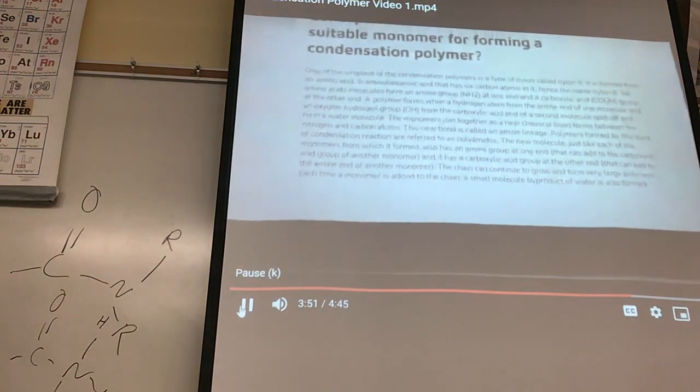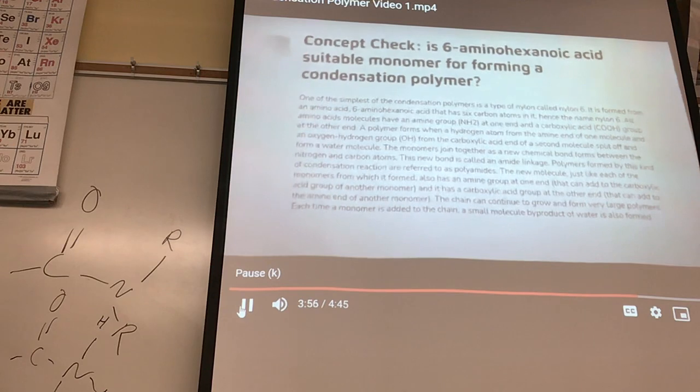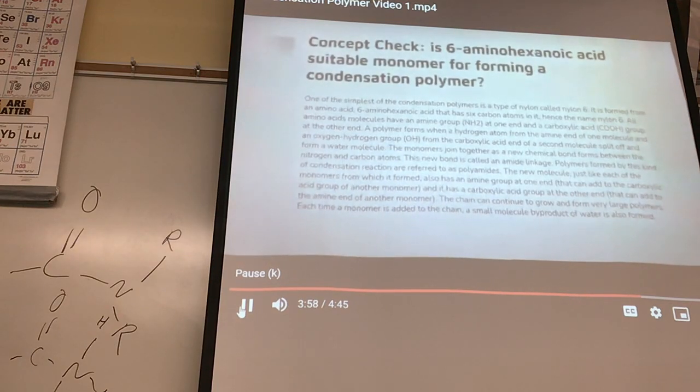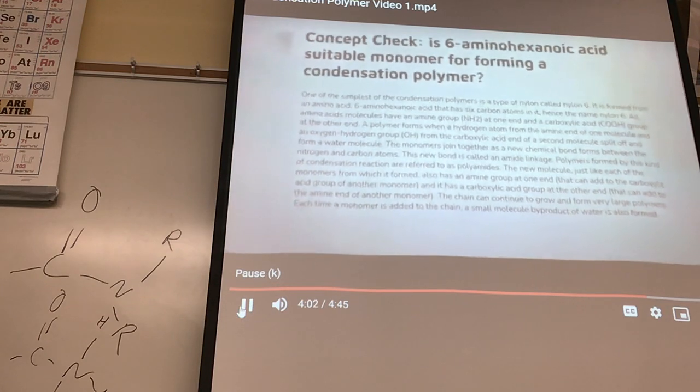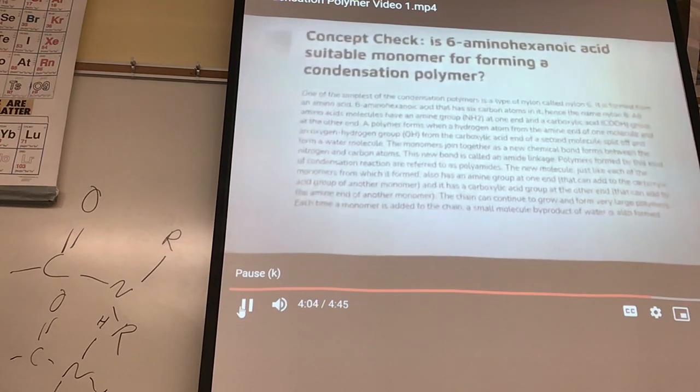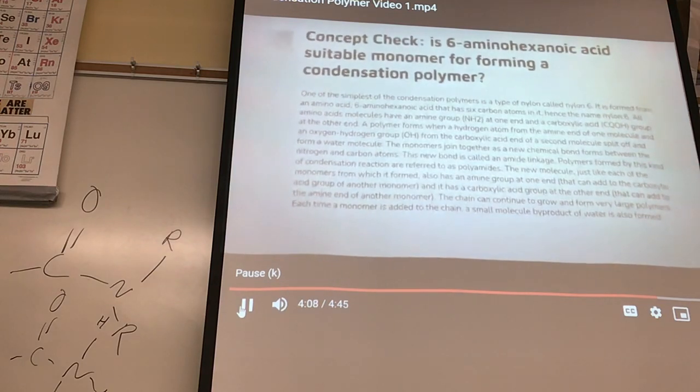The monomers join together as a new chemical bond forms between the nitrogen and carbon atoms. This new bond is called an amide linkage. Polymers formed by this kind of condensation reaction are referred to as polyamides.